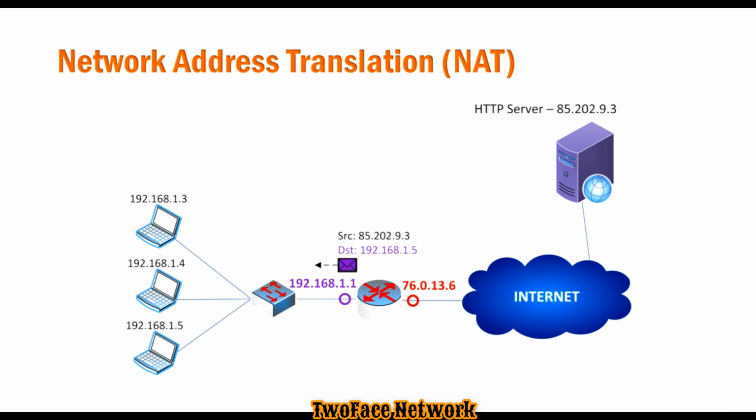So this is what happens next. Do you see that? So the source IP address remains the same, but the destination IP address is changed from the public IP address to the private IP address. And then the router sends the packet back to the original sender, which is the 192.168.1.5 computer.